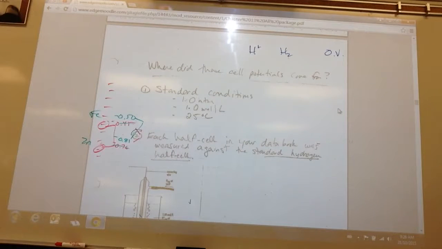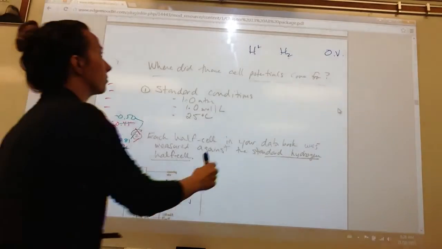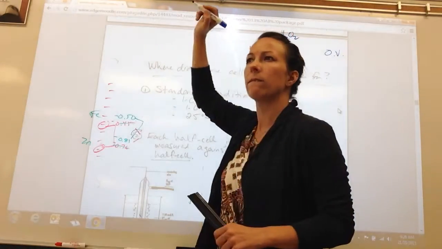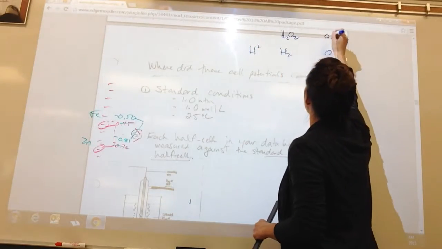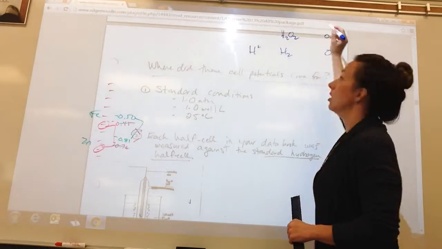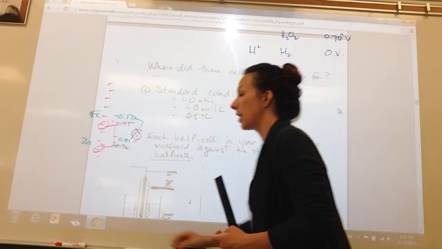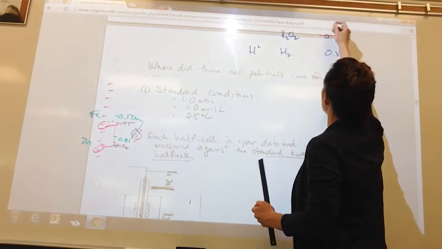What if they made the H2O2? What is H2O2 at the moment? 0.7. 0.70? Yeah. So what if they decided, it's very messy, what if they decided to make this number 0?